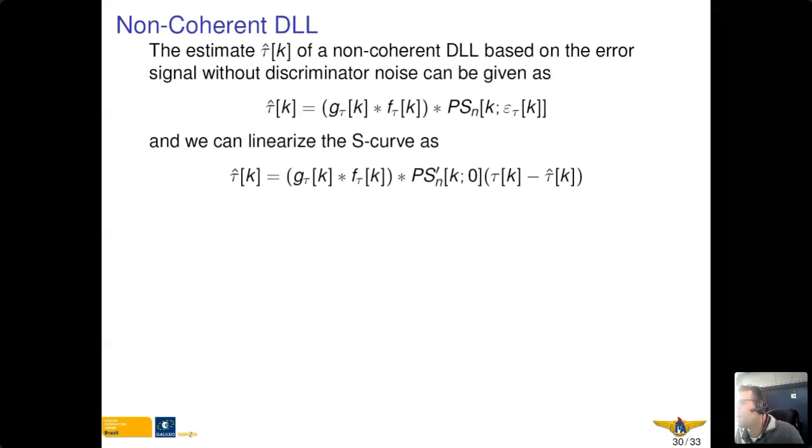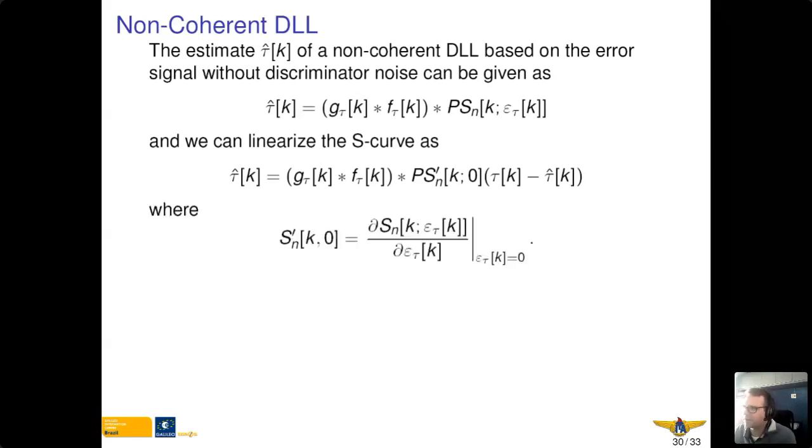This is given here by the Sn prime, the derivative of the S curve of this non-coherent loop for an error 0, and then multiplied with epsilon tau, which is the delay estimation error. So this is a linearized version. We are linearizing the S curve around this zero estimation error.